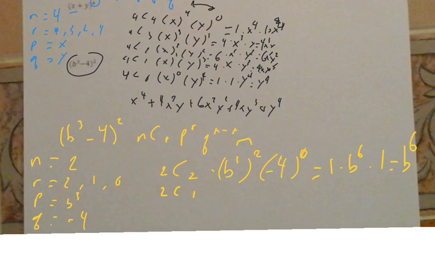So we have 2C1 times b cubed to the first power times negative 4 to the first power, and we end up with 2C1 is 2 times b cubed times negative 4, so we get negative 8b cubed.